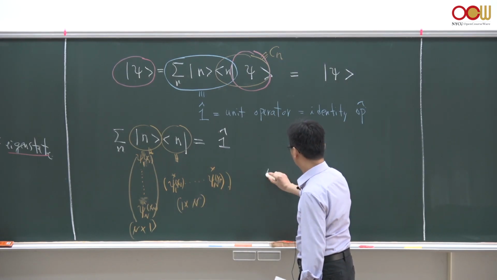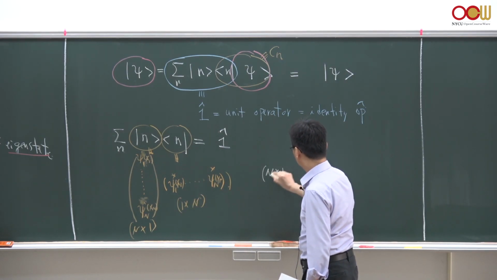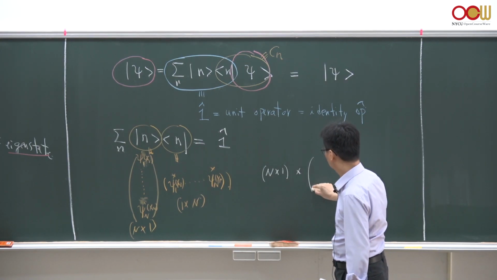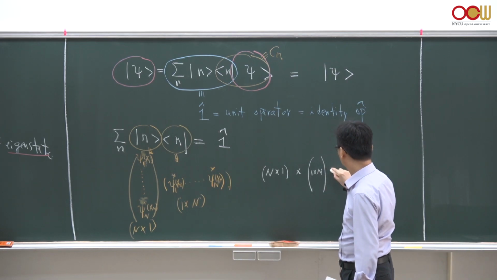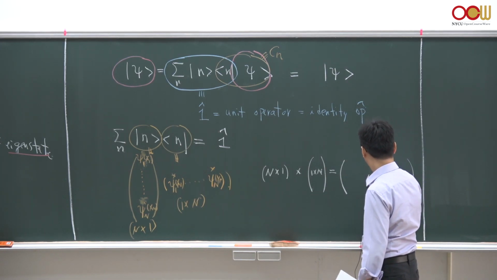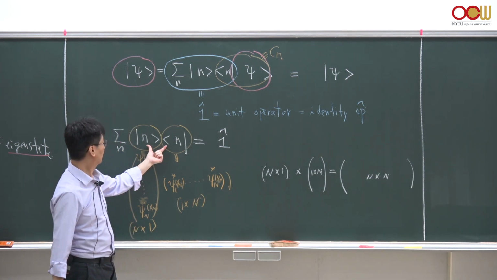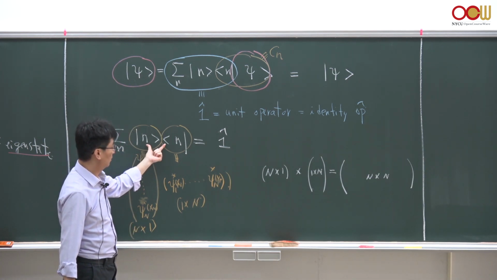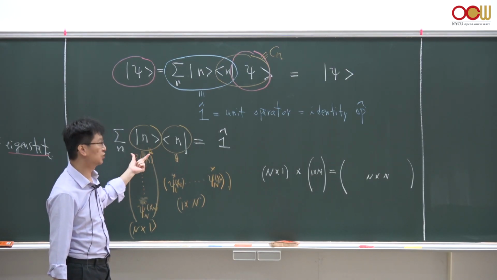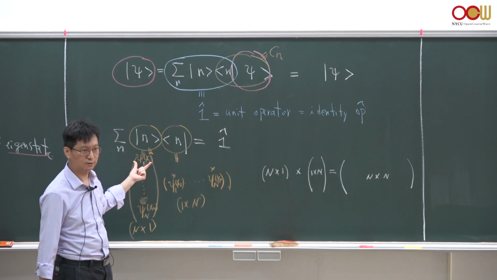A matrix product between a column matrix n by 1 and a row matrix 1 by n gives what? An n by n matrix. So this stuff right here represents a matrix. It's not a number. It is a matrix made of n by n components.